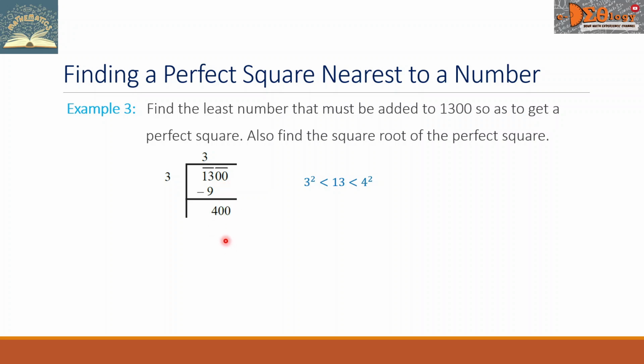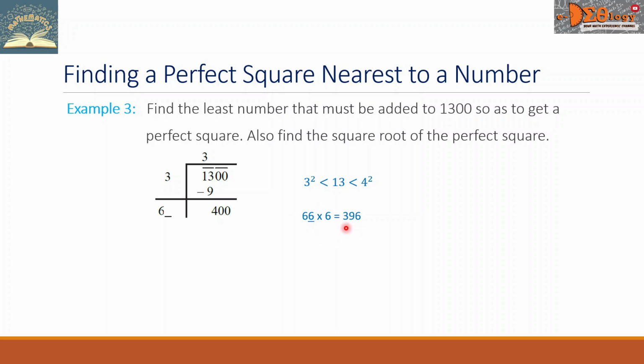We bring down the 2 zeros. And next step, the number 3, we make it 6 with a blank after 6. This blank is a digit. By trial and error, we can write any number and check. Suppose we have 6, we write in the blank the number 6 also. Then we multiply 66 by 6.